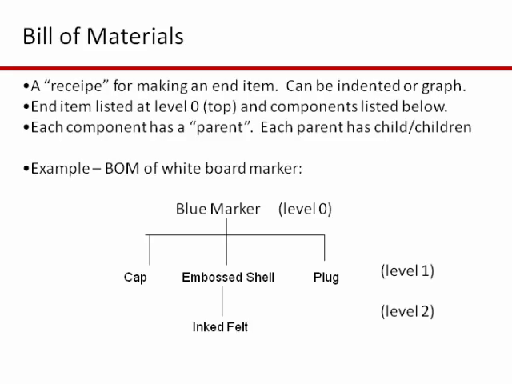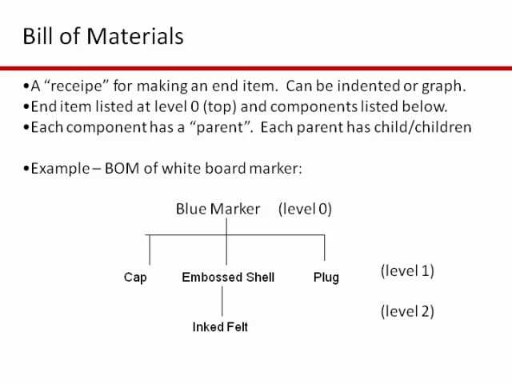And if we made our own blue markers, we would see that if we assembled the cap, the embossed shell, and the plug, we could combine those three things to make one blue marker. And so the cap, the embossed shell, and the plug are called the children of the blue marker, which is the parent. Now, you can go as deep as you want on some of these.